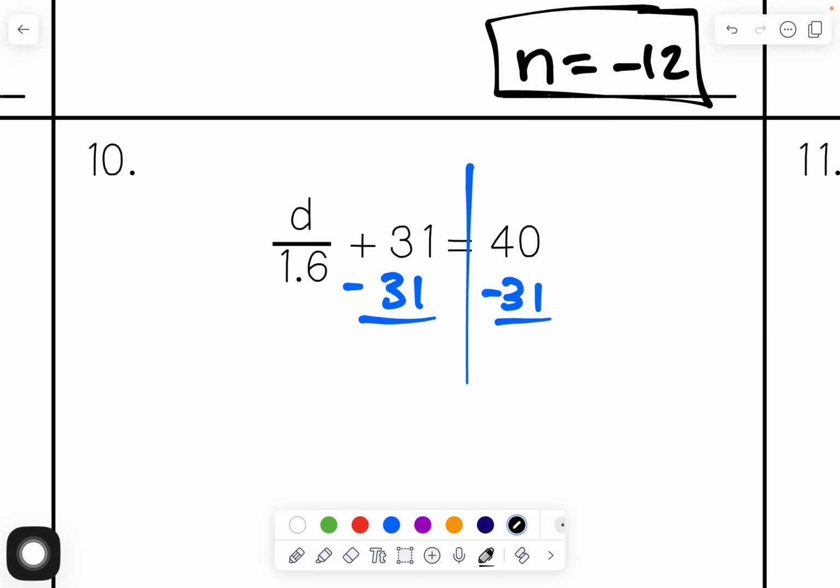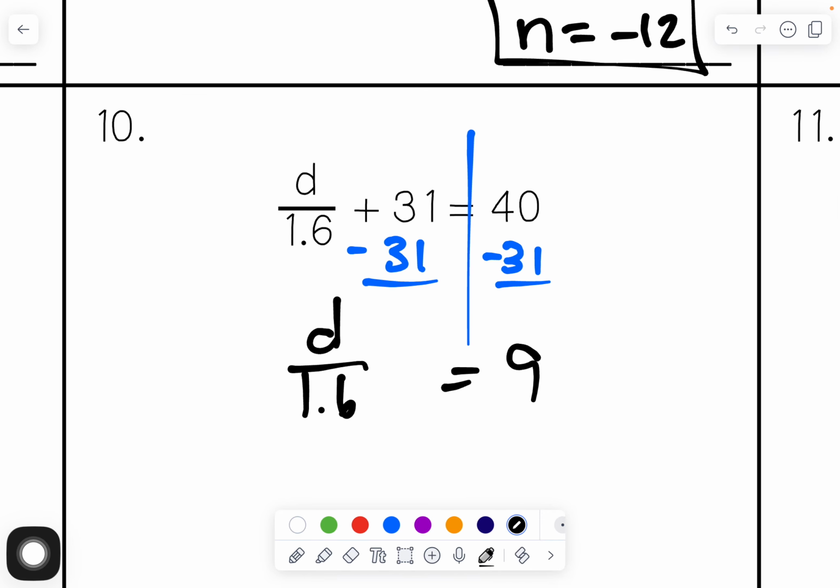So if I subtract 31 from both sides, I'm left with d over 1.6 equals 9. And then I would want to multiply both sides by 1.6 because right now it's being divided by 1.6.